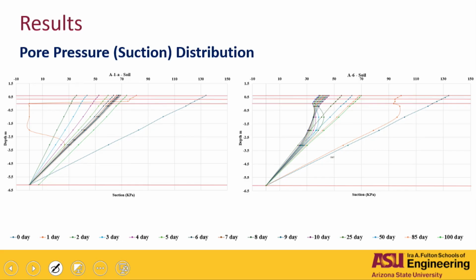And this is the pore pressure suction distribution that we found after we ran this. Let's say, for example, what happened in a very gravelly soil, and this is for the subgrade material, right? So this one is your steady state condition. That's when you started, okay? Then for day one, you put all this water in there, and the suction goes immediately to zero, right?